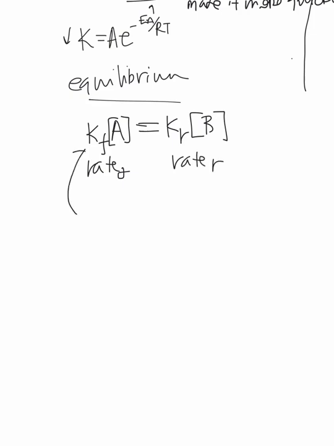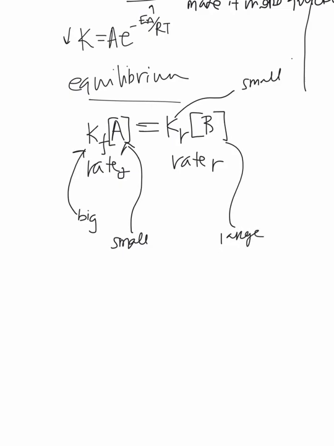And so if we have a situation like we saw with our methane, with a big rate constant for our forward reaction and a small rate constant for our reverse reaction, to make sure that these sides of the equation stay equal to each other, we'll have to have a small concentration of A and a large concentration of B. And so ultimately, the concentrations of A and B are going to modulate the rates, so the forward and the reverse reaction will balance each other out.